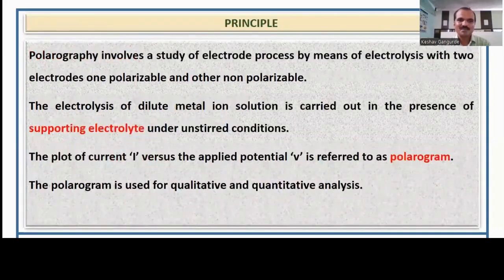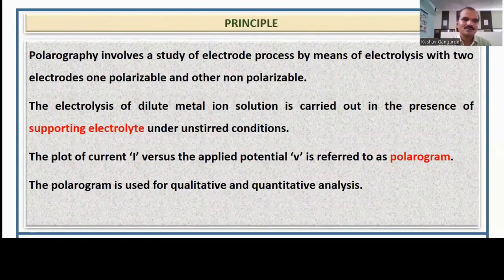Let's see the principle of the technique. Polarography involves a study of electrode processes by means of electrolysis of the sample solution. At the electrodes, one is the DME, while the other is the saturated calomel electrode.